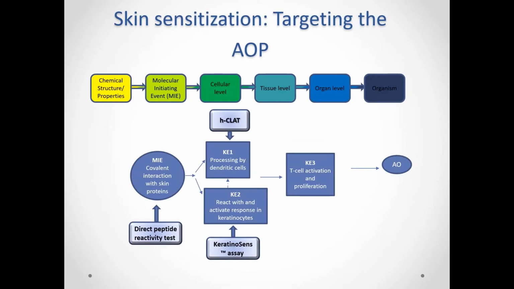The idea is that those different steps can be targeted by in vitro assays, and as such information can be gathered and conclusions can be drawn on the sensitizing potential of the new chemical entity which is tested.